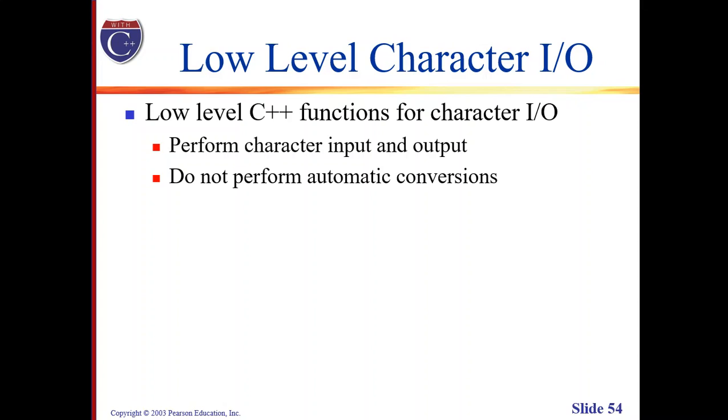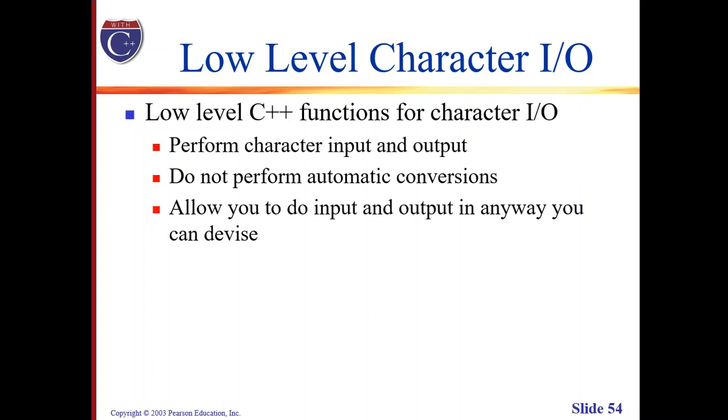And they might not perform automatic conversions in the case of low-level C++ functions for character I/O. This would allow us to do input and output in any way that you can devise as necessary in your program.